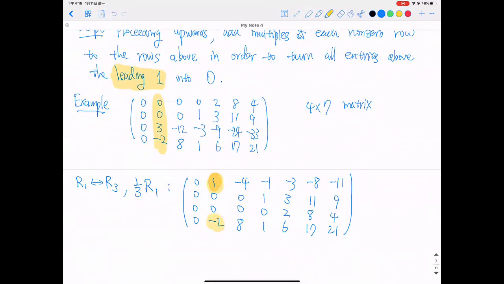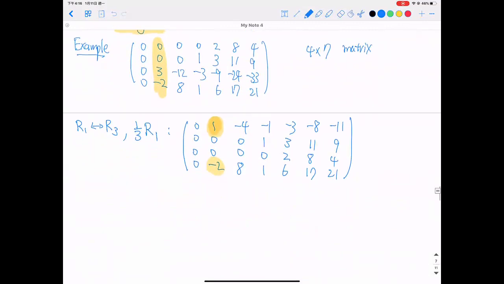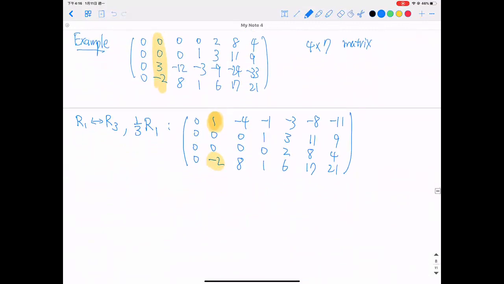There's just one non-zero such entry, that's a -2, so we know what we need to do next. We need to take R4 and add 2 copies of R1 to it. And that will give us the following matrix.